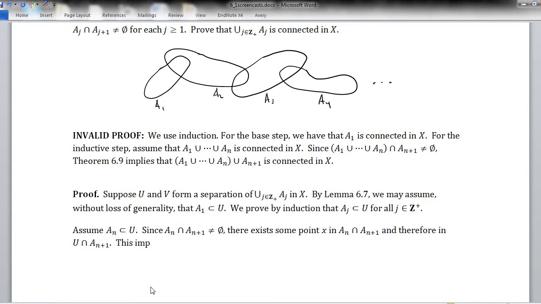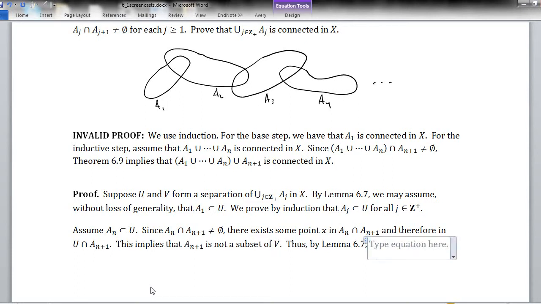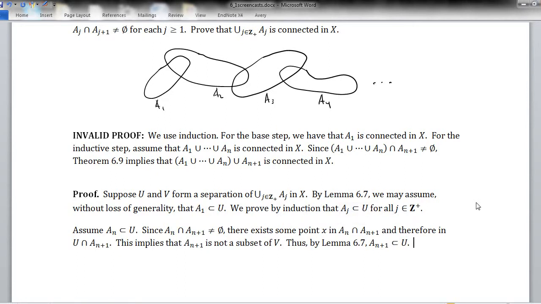This implies that A sub n plus 1 is not a subset of V. Okay. Thus, by lemma 6.7, A sub n plus 1 is a subset of U. All right, and that's what I needed to show to finish off my proof by induction.